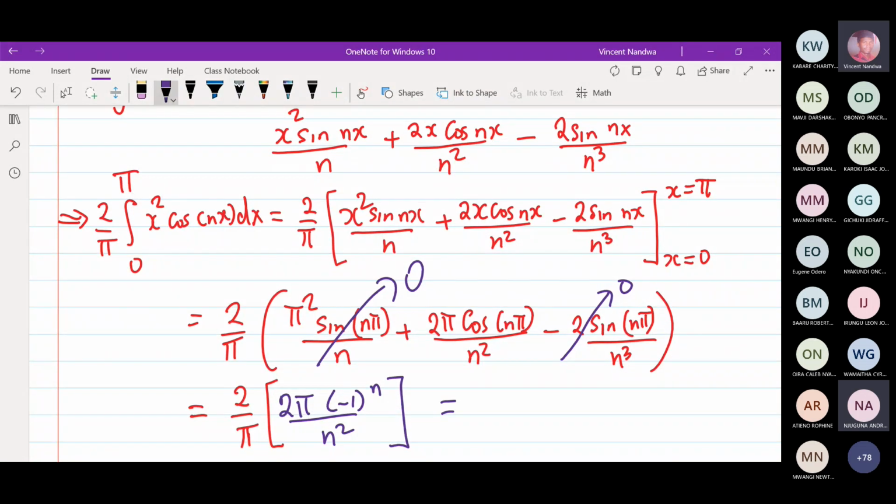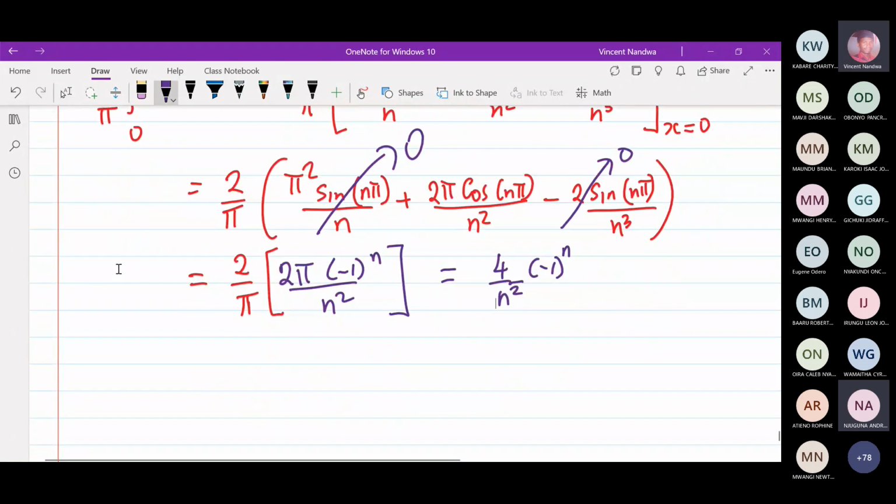So when you multiply and remove the brackets, we get 4 times -1 to the power n over n squared. So this is n squared, correct.